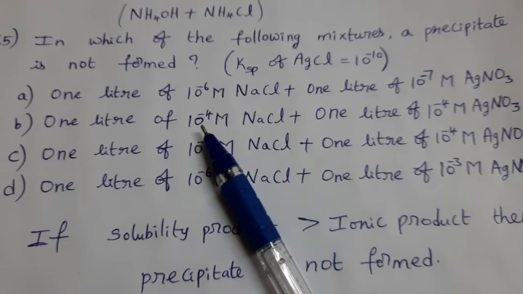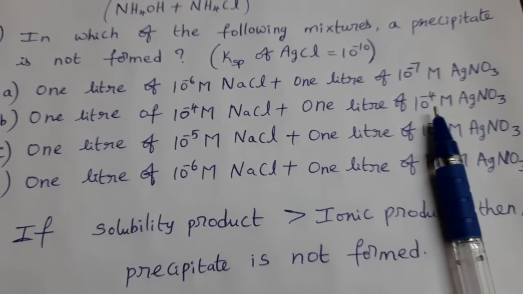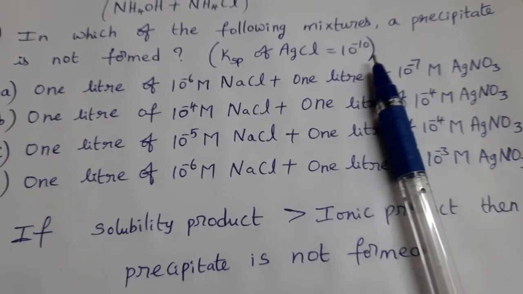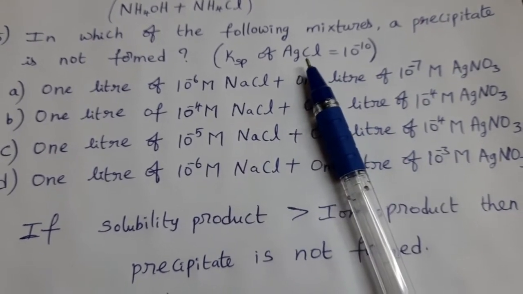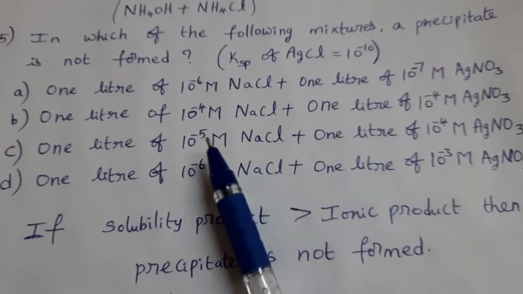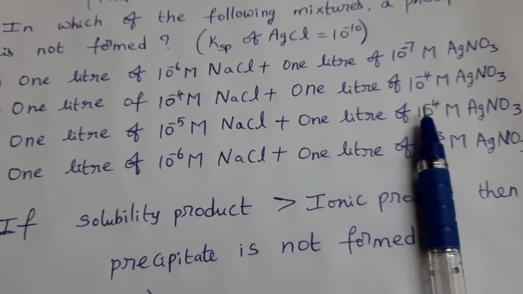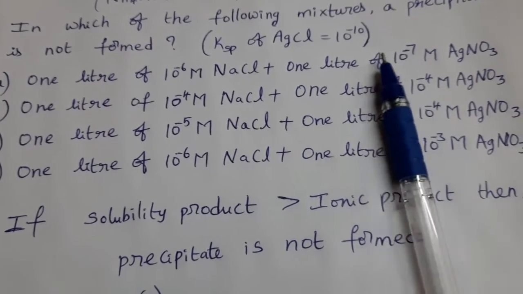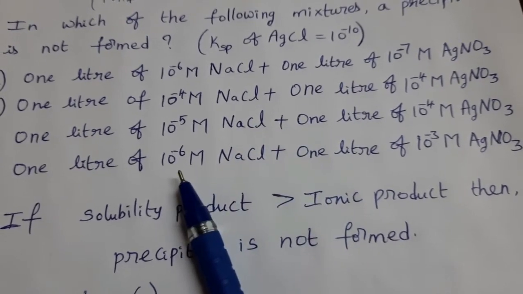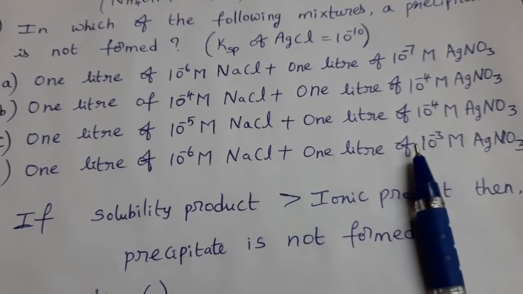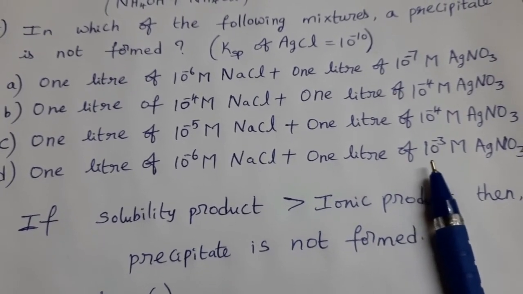See here, 10^-4 and 10^-4. If we multiply, 10^-8 is greater than this one. That means ionic product is greater than solubility product, so precipitate is obtained. 10^-5 and 10^-4, total 10^-9, greater than this one, precipitate is obtained. 10^-6 and 10^-3, if we multiply, we get 10^-9.